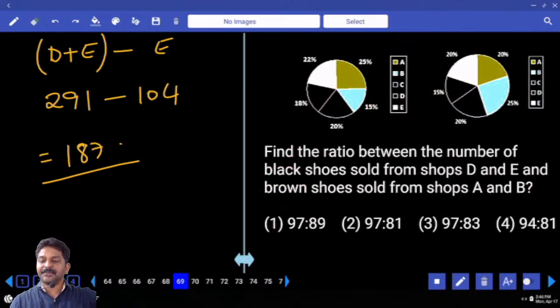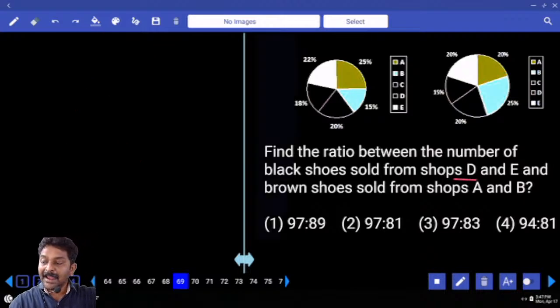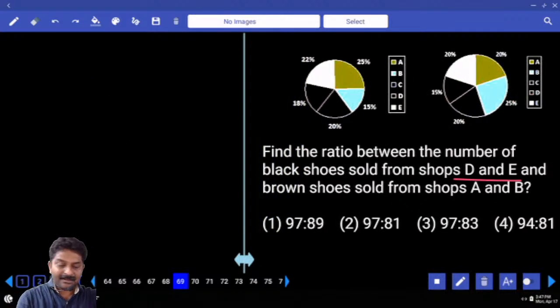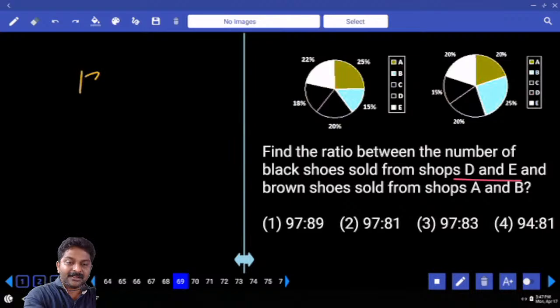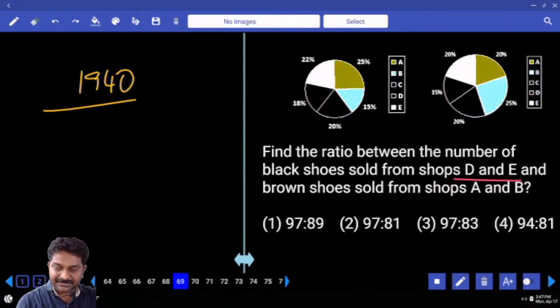Find the ratio between the number of black shoes sold by shop D and E, black from D and E. We just calculated, right? How much is that? 1940. Ratio A is to B or A by B form. Yes?